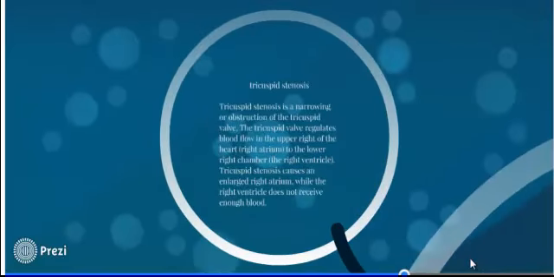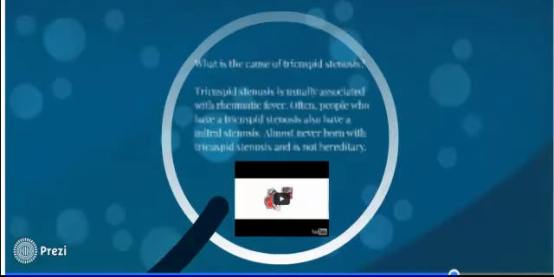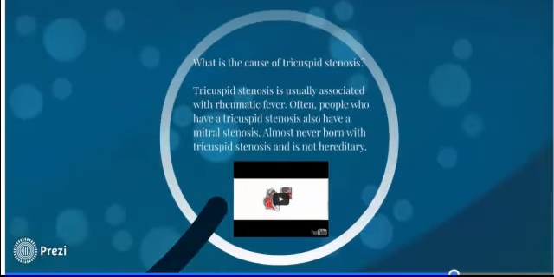Tricuspid stenosis is just a blockage that prevents blood flow. It's a little definition about that. Finally, tricuspid stenosis is usually associated with rheumatic fever and is not hereditary.